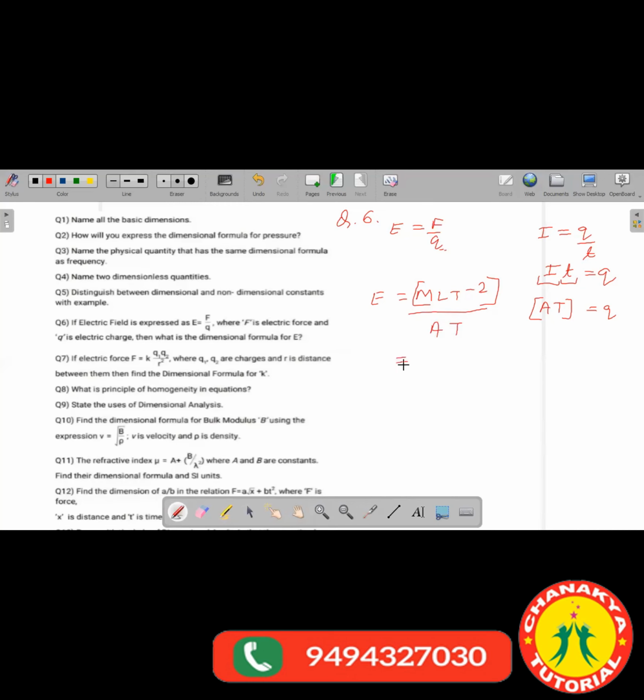So we can put it now. M L T minus 3 A to the power minus 1, and these are the dimensions of the electric field E. So I hope you have understood.